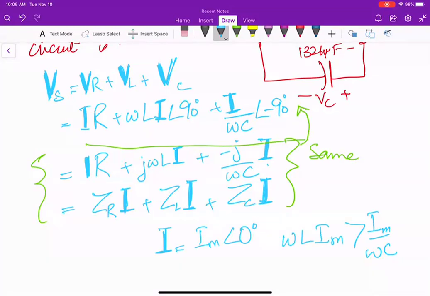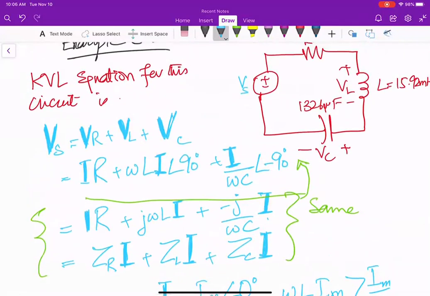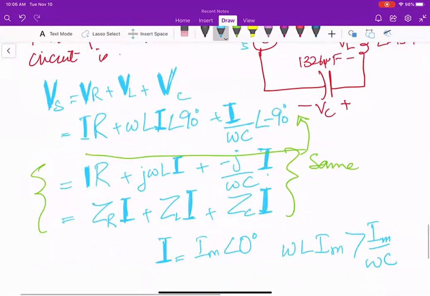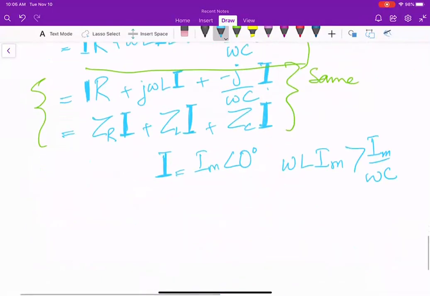So let's define the phasors first. One more thing they have done is they have converted the inductance and capacitances into the impedance forms. So we have 15.92 millihenry and 1326 microfarad. For converting it into the phasor form, we need to have a frequency.